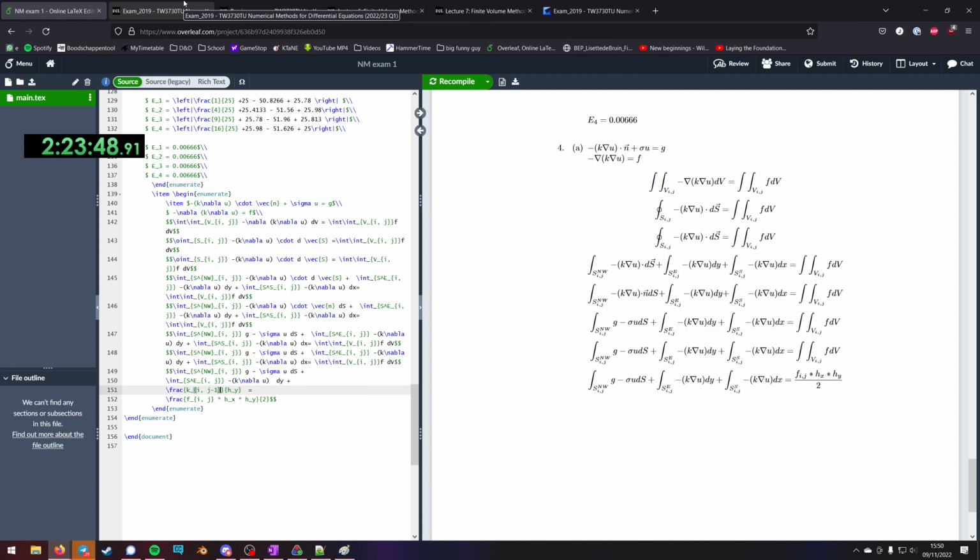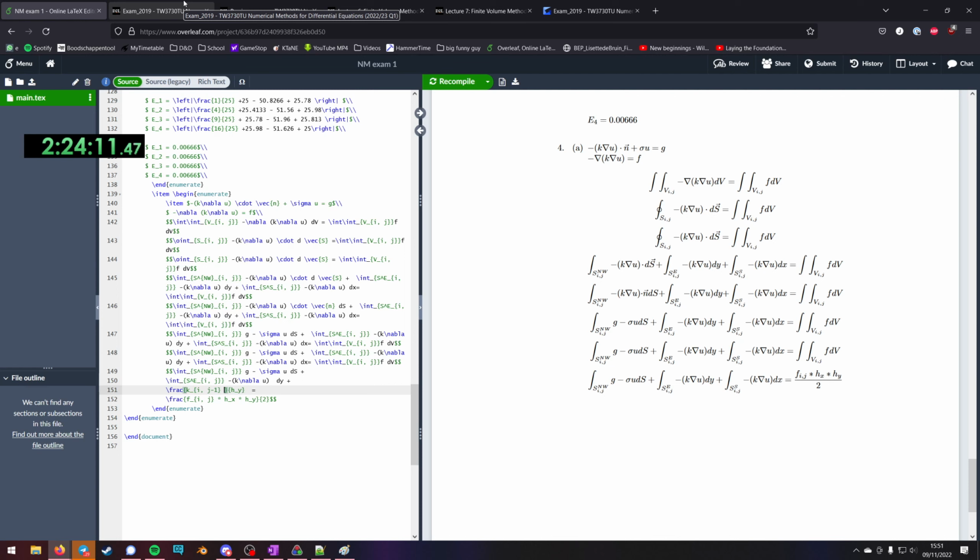Yeah, and the normal here is 0, minus 1. So the divide dx is the only one that remains. Makes sense because we're going in a southern direction.